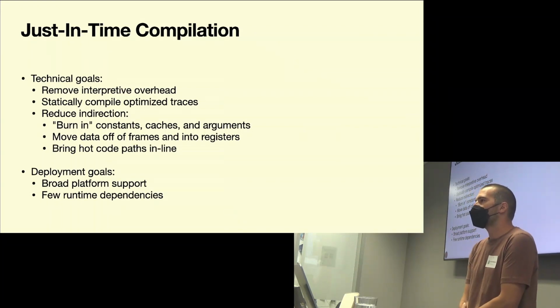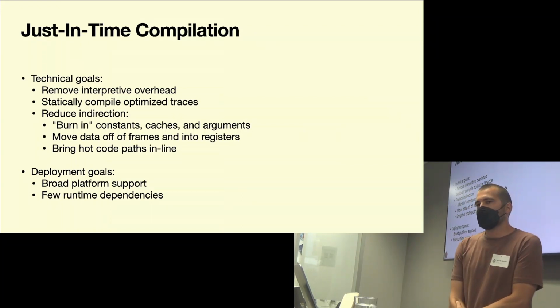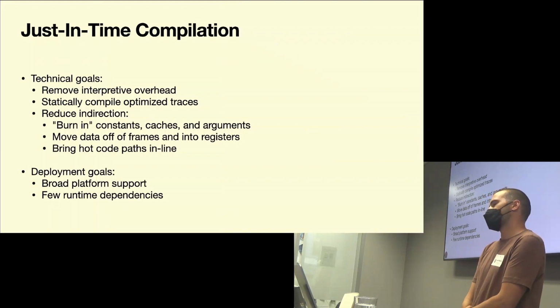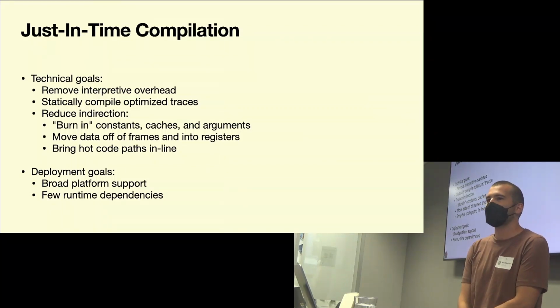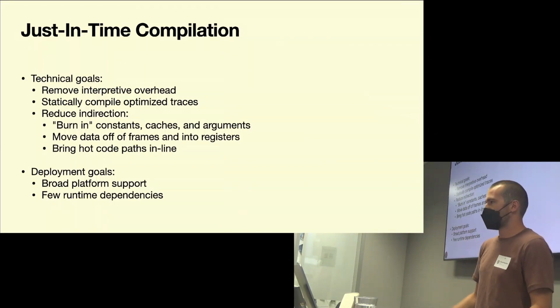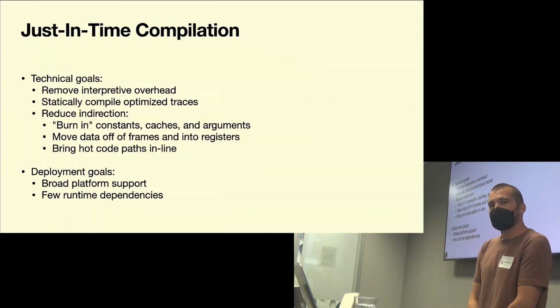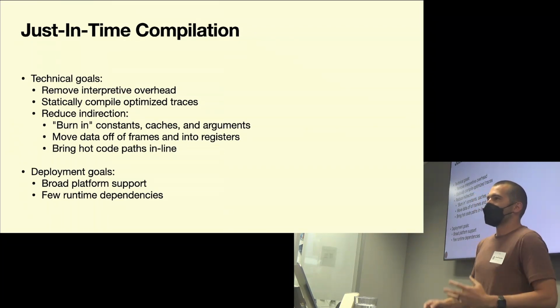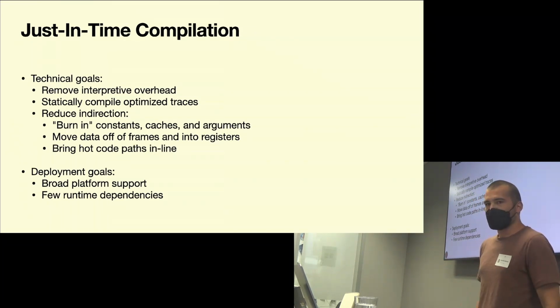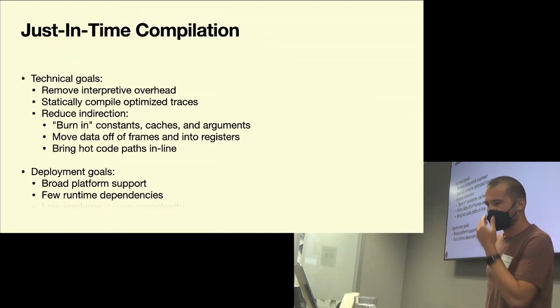For example, I would like for this JIT to be in a place where users wouldn't need to have a full LLVM install. I don't think that's a good user experience. It can maybe be made into a good user experience, but I'd rather start from a place where you just download Python the same way as you always have, and everything just works.